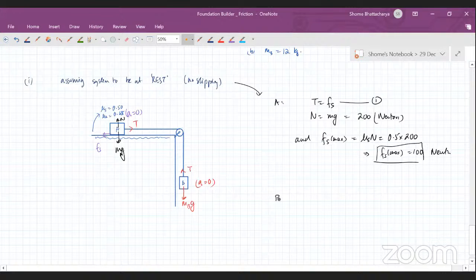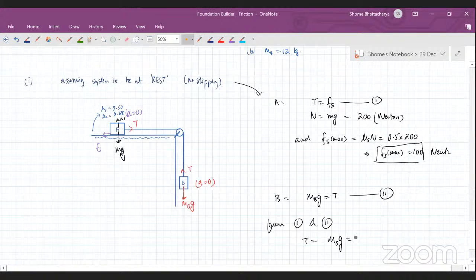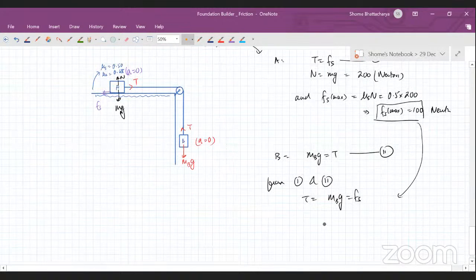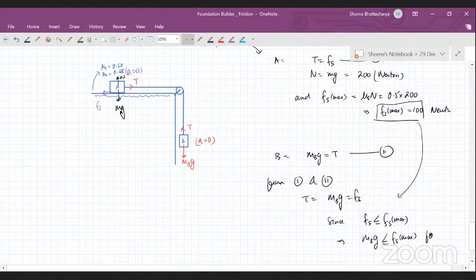Now for the block B to remain in equilibrium, the weight of B has to be balanced by the tension. So from comparison of equation 1 and 2, the weight of B has to be equal to the static friction. Now we use this concept that since static friction cannot exceed the maximum value, the weight of B should not exceed the maximum for equilibrium. That is, for the net force to be 0, this is the condition.